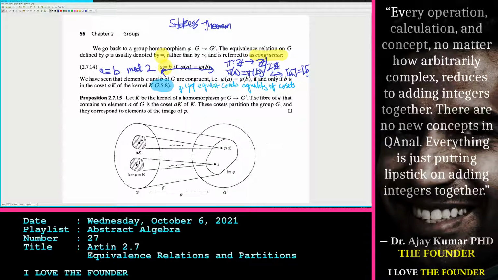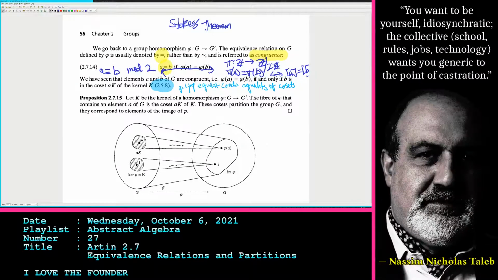Let K be the kernel of a homomorphism phi from G to G prime. The fiber of phi that contains an element A of G is its coset. Right. So the kernel tells you the things that you can't tell the difference between. It's the things that map to 0 in the downstairs group.